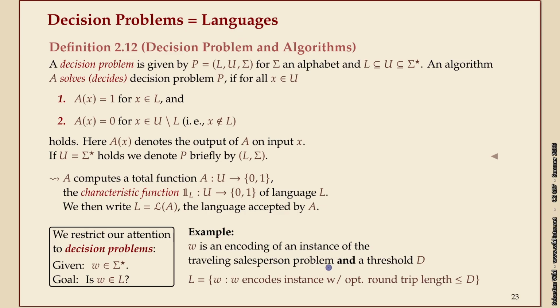So the input there was this distance matrix and a threshold. To turn it into a yes-no question, you have to give it a bound on the tour length. And then the question becomes, is there a way to go through all the cities in this distance matrix so that the total length is at most d? Then the language would be some way to specify that.